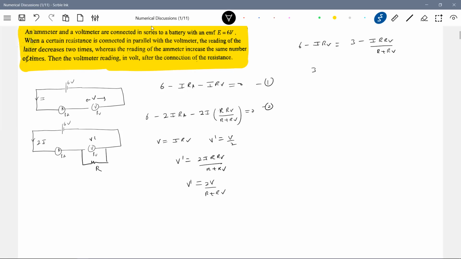So this will become 3 is equal to, if I send it to this side, IRV will come outside, 1 minus R by R plus RV. So R will get cancelled, so RV by R plus RV.